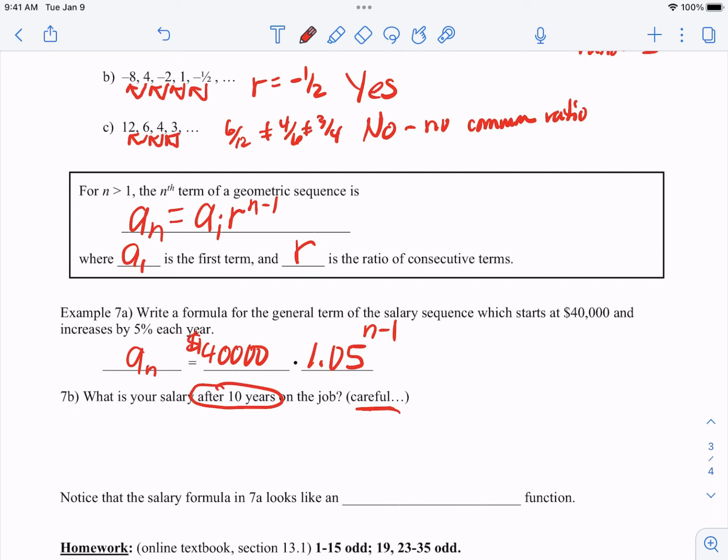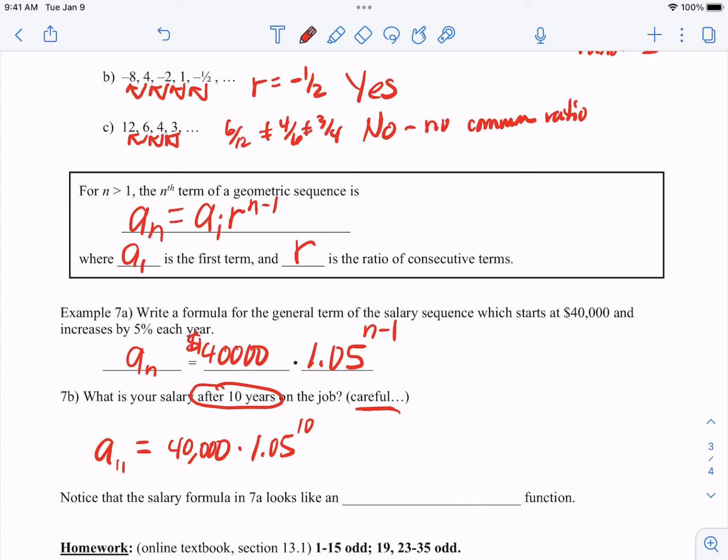If we do a question about what's the salary after 10 years, we have to be careful again, because after 10 years means they're looking for the 11th term. Same sort of thing with the previous problem we did. That's what our salary will be after we've been there 10 years. So we calculate $40,000 times 1.05 raised to the 11 minus 1 power, which would be the 10th power.